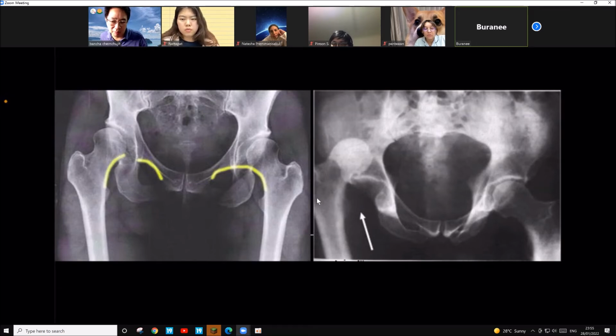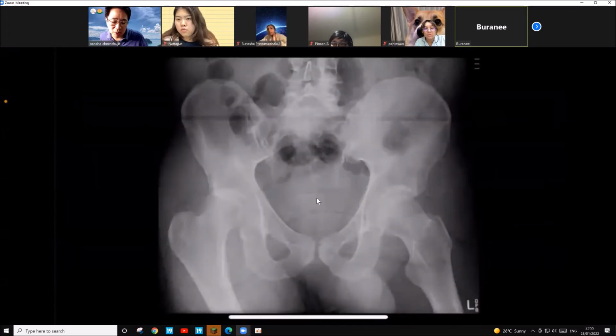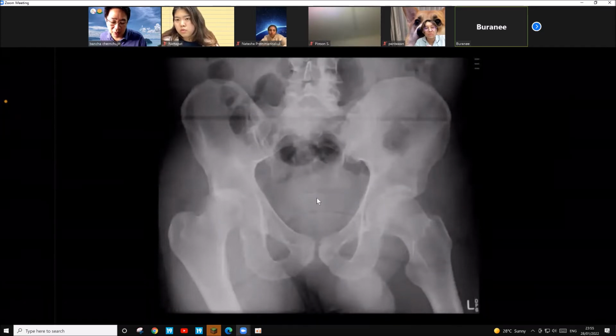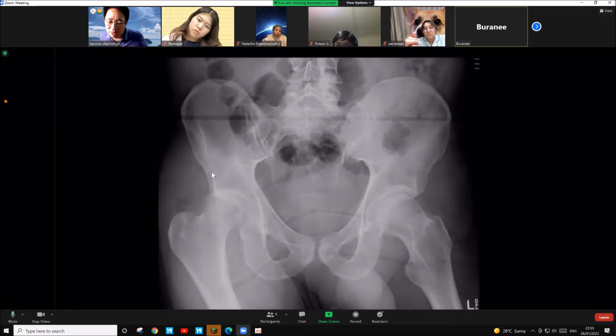Go to the next. This is not classic, right? Because you look at the film, you lost the Shenton line, and the head is close to the top. But this one is not classic because the deformity is not too bad. If you look, it looks nearly normal.